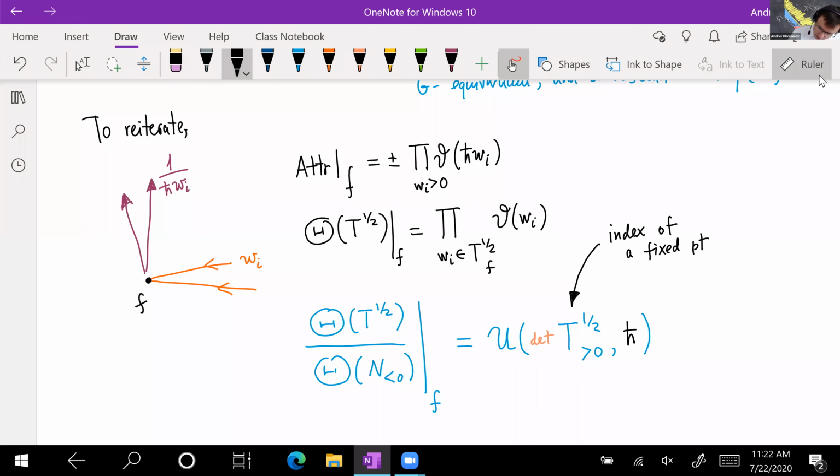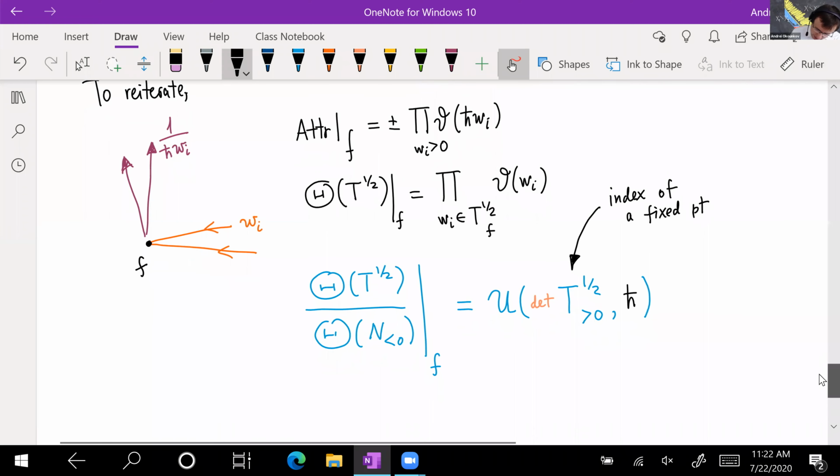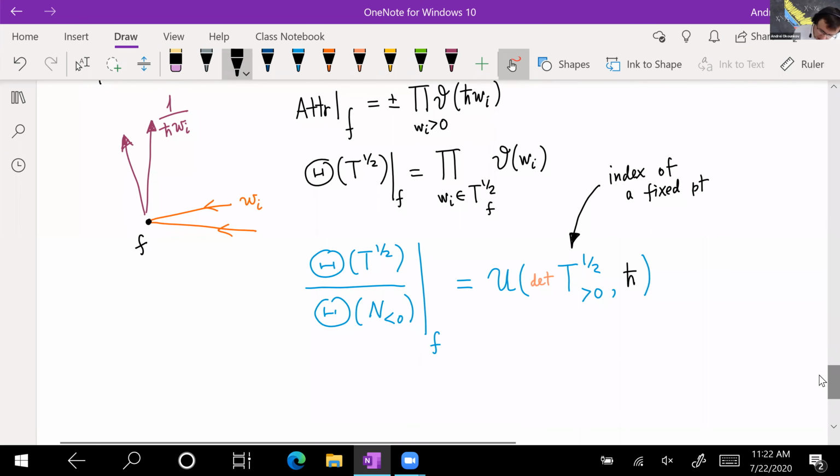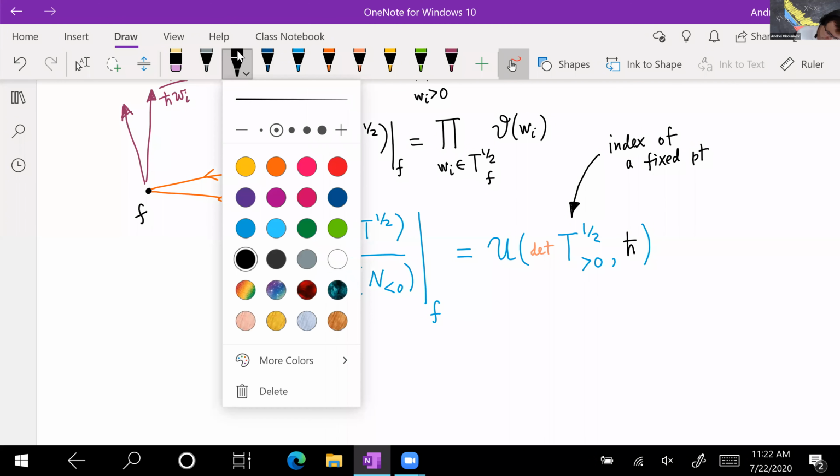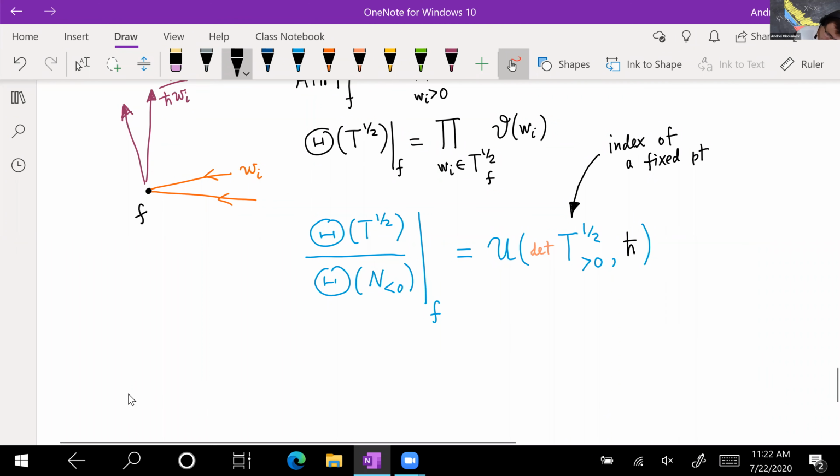A general formula which this computation shows is the shift, if I have a polarization, near the fixed locus.